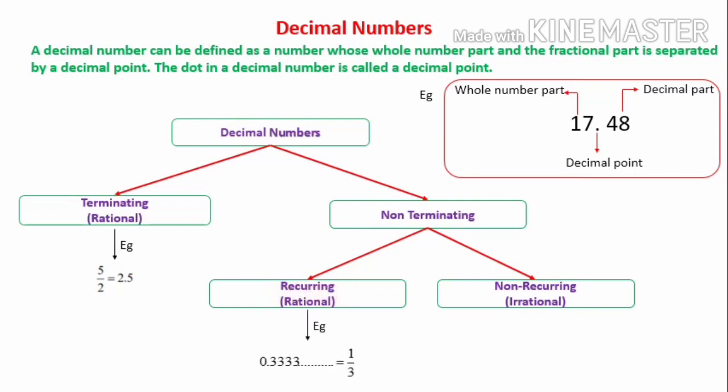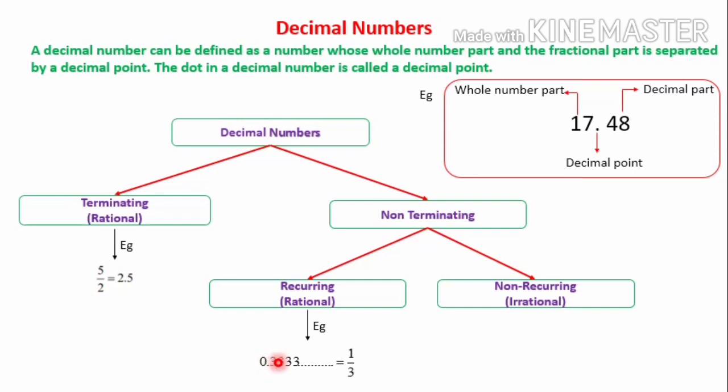Let's take an example. 0.333... When you divide 1 by 3, you get the decimal number 0.333... When you check here, the digit 3 is repeating endlessly. That is why it is called a recurring decimal. Non-terminating recurring: recurring means repeating periodically.